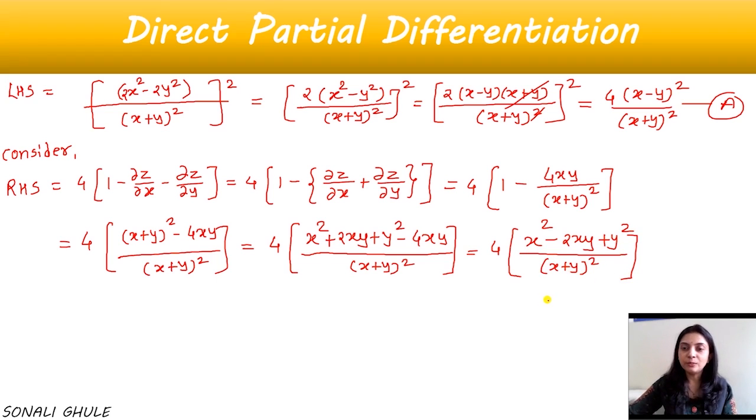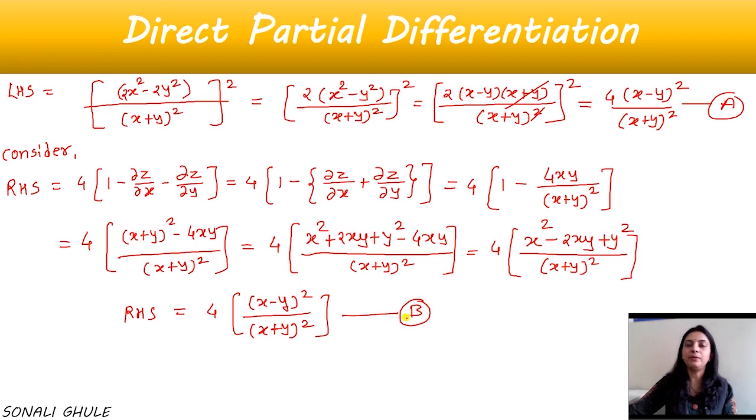And now here I can use the result a square minus 2ab plus b square, that is a minus b whole square. So using that result here, now I'll get the right hand side 4 in bracket x minus y whole square upon x plus y whole square. Let's say this is our equation B.